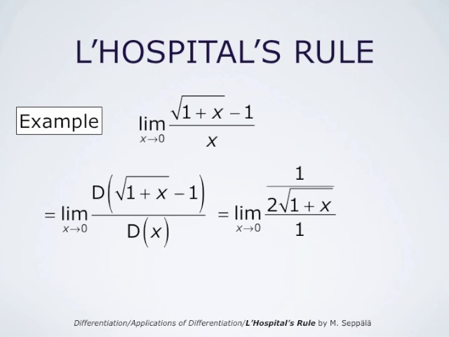The derivative of negative 1 is just 0. So the limit as x approaches 0 of square root of 1 plus x minus 1 divided by x is now the same as the limit as x approaches 0 of 1 divided by 2 times square root of 1 plus x. And this limit can be computed by direct substitution. We get just 1/2.